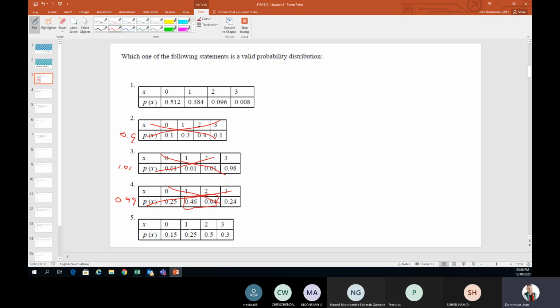Okay, so let's look at this one. 0.4, those two together, plus that is 0.9, plus that is 1.2. Okay, so that must be the correct one. Okay, so that plus that gives me 0.52.